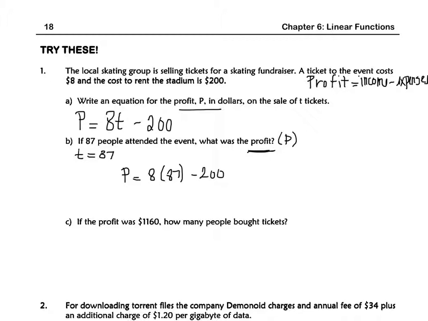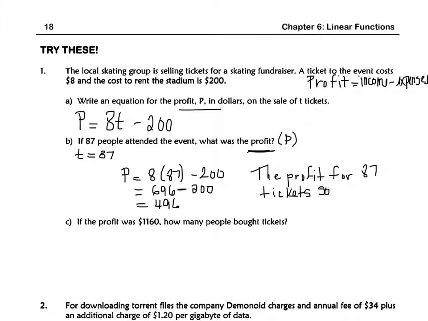So 8 times 87 is 696, minus 200, which is going to be 496. And because P is a dollar amount, that means the profit for 87 tickets is $496.